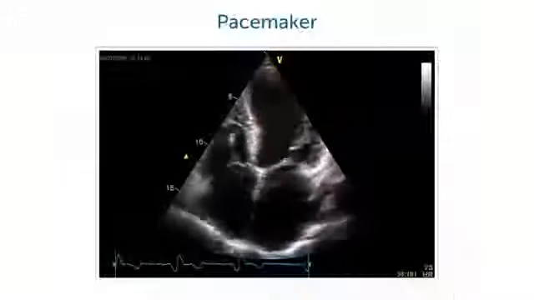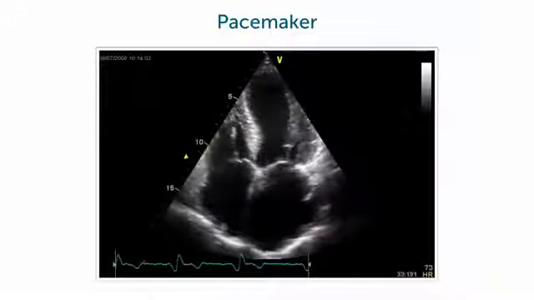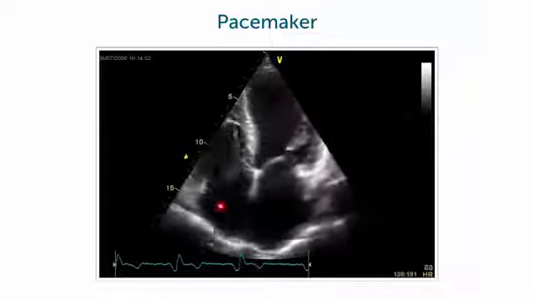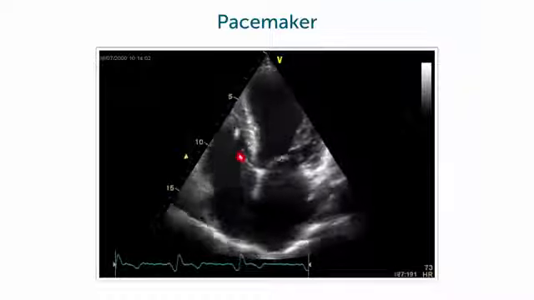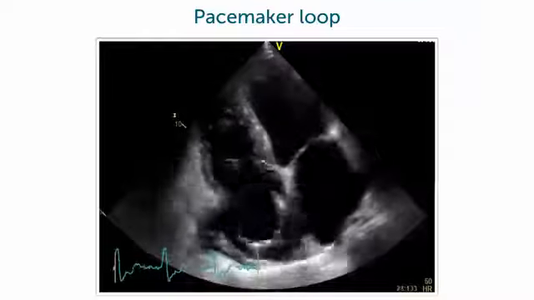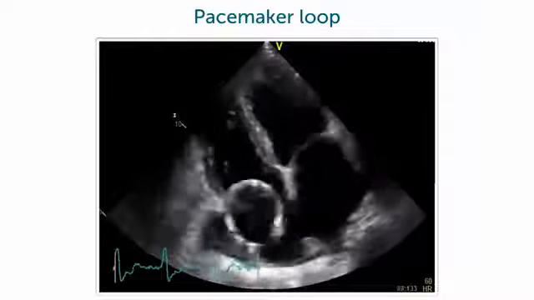But beware, sometimes you can have structures on the pacemaker leads as well. Here's another example of a pacemaker lead, where you nicely see the artifacts which are produced by this pacemaker down here. And here is a patient who has a pacemaker loop.